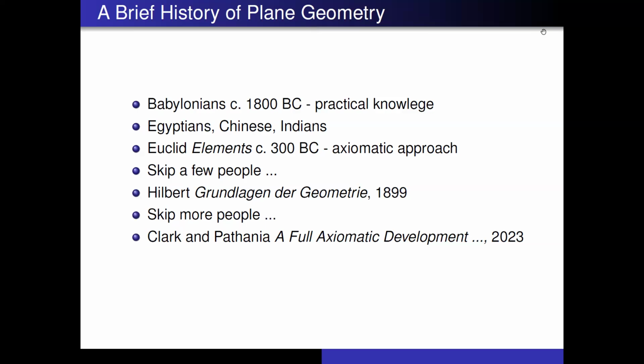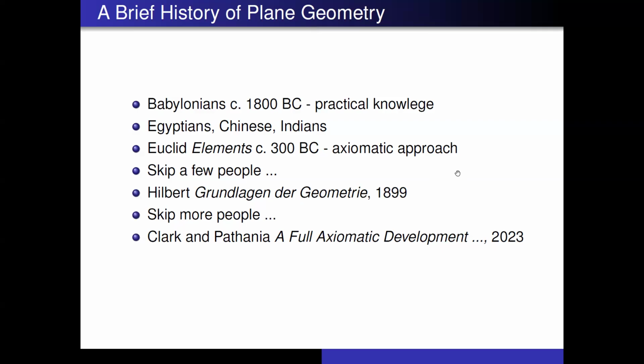For some notions, for example betweenness, were not very well described and relied on geometric intuition. So we'll skip a few people until we get to 1899 with Hilbert's Grundlagen der Geometrie, which tried to refine and get a really good set of axioms which would not be dependent upon your geometric intuition.